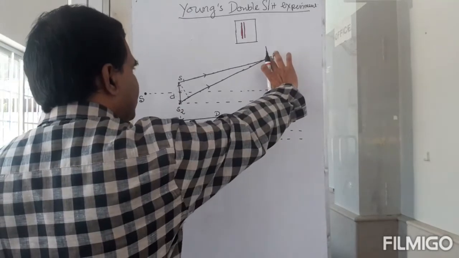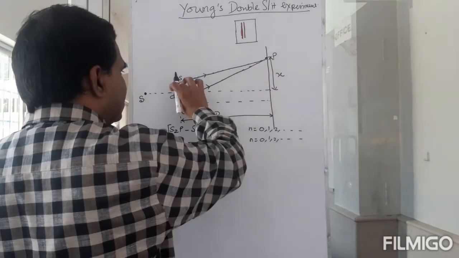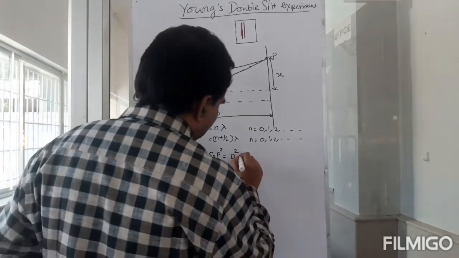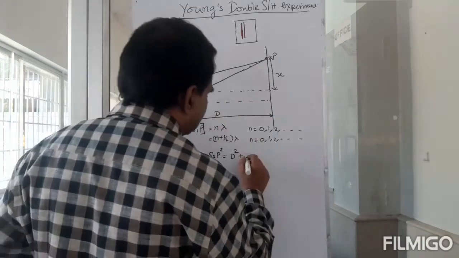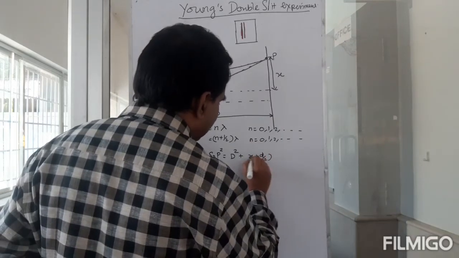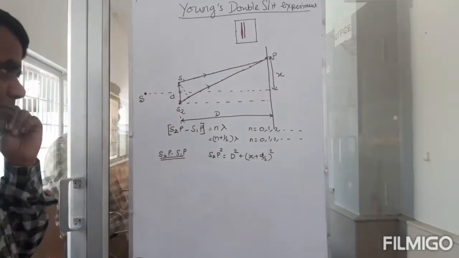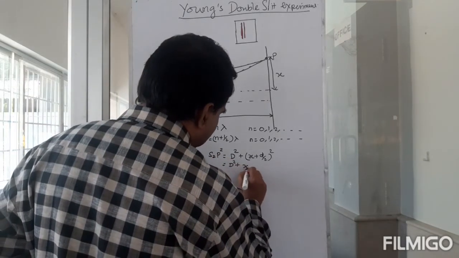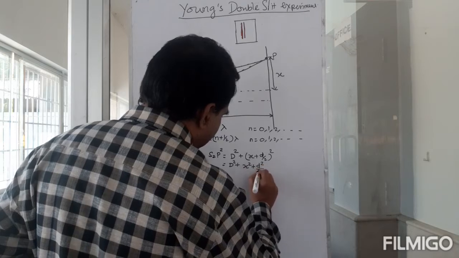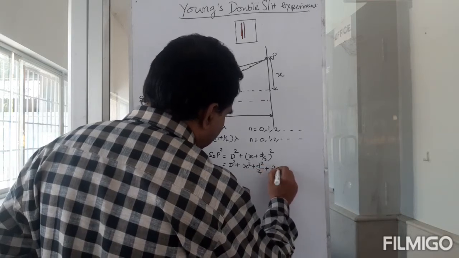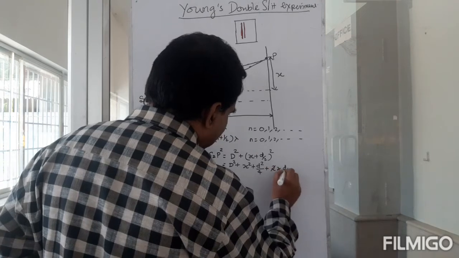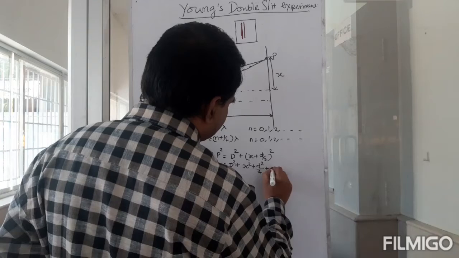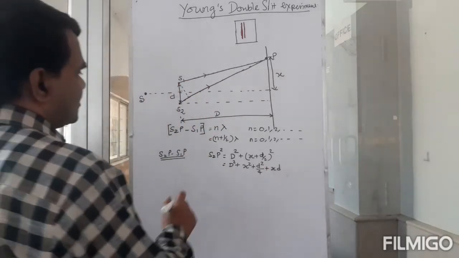Then what is this? Well, that is x. And this, if the spacing is d, would be d by 2. So D squared plus (x plus d by 2) whole squared. That gives me D squared plus x squared plus d squared by 4 plus 2 into x d by 2, so I get just xd. The 2 will cancel, I get xd. So that is my S2P squared.